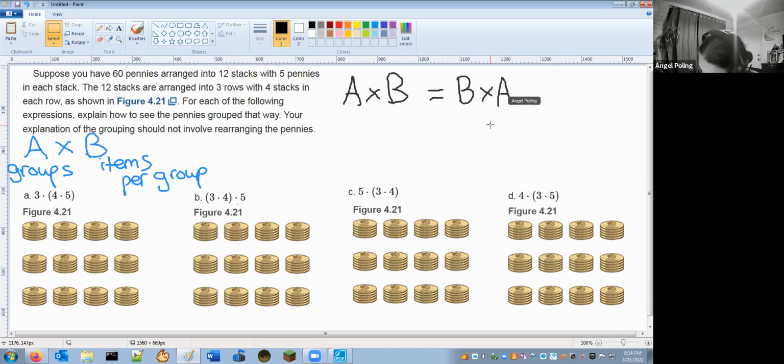We see, let's see. I was trying to see if we see one easily here. But I see more commutative properties, so let's try that. Oh, that one's commutative. I see more associative.